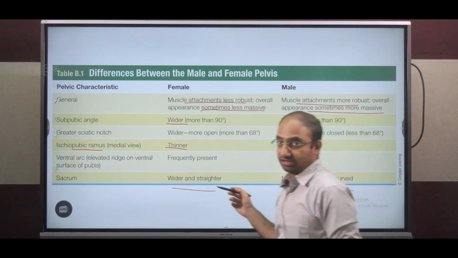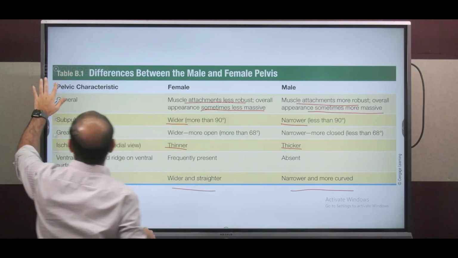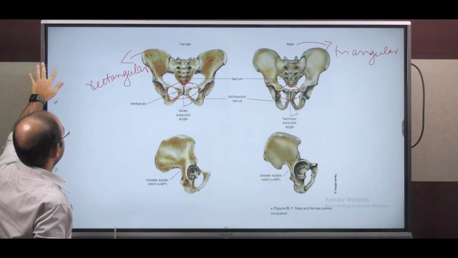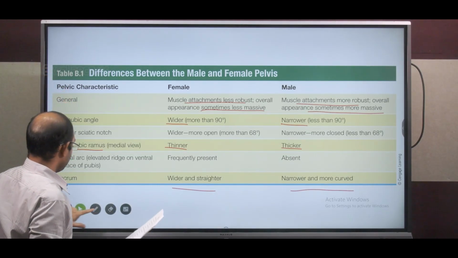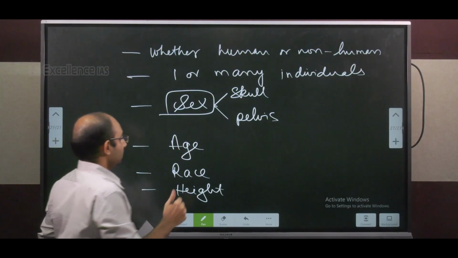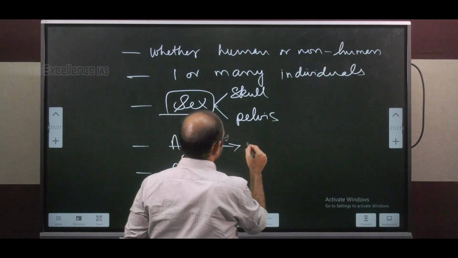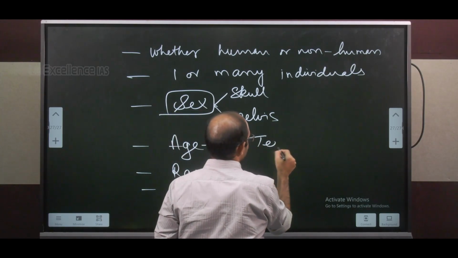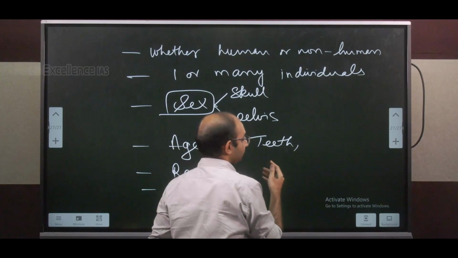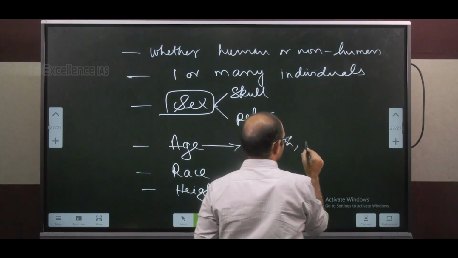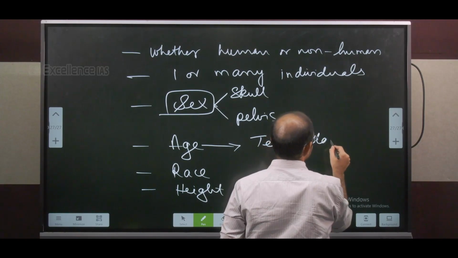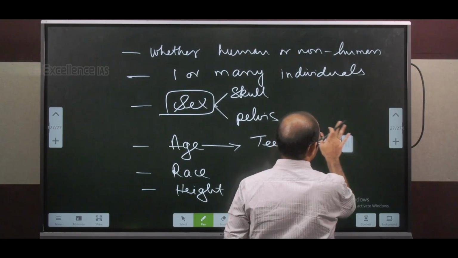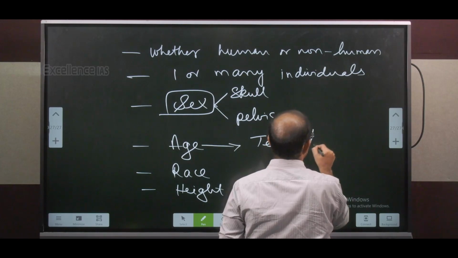So these are some of the differences that you will find within male pelvis and female pelvis. So this is how we can identify sex. Age. How do you identify age? Age you can identify based on teeth, which teeth erupt at which age. You can also identify based on bone growth.